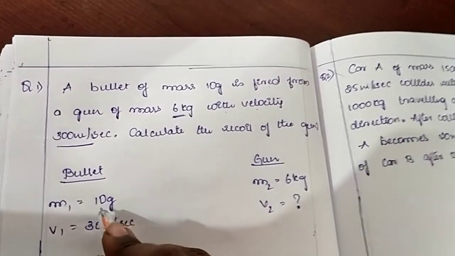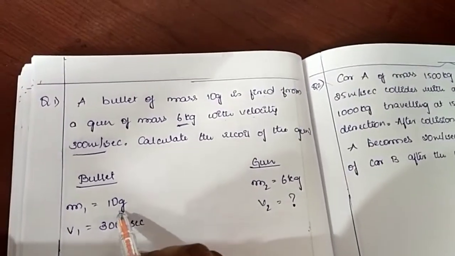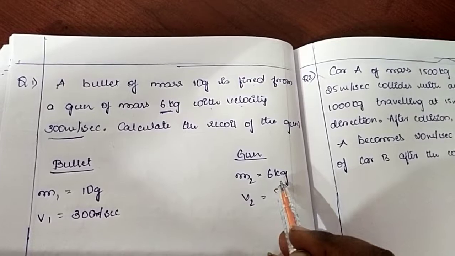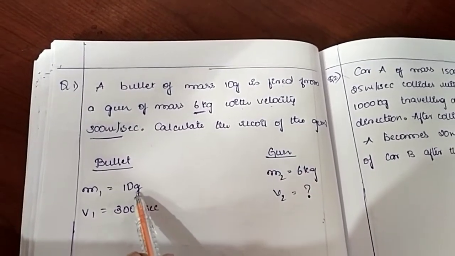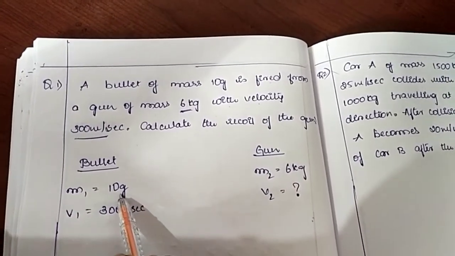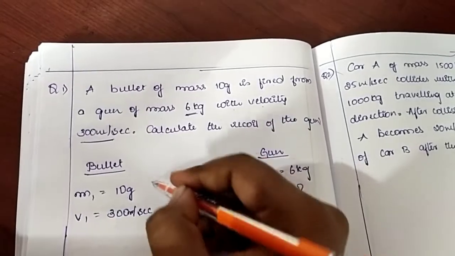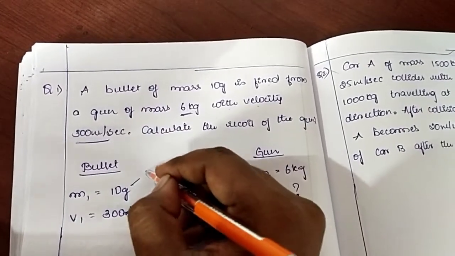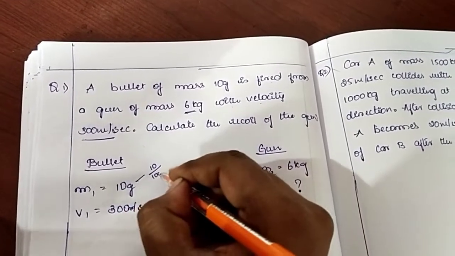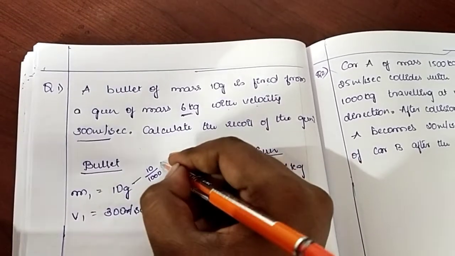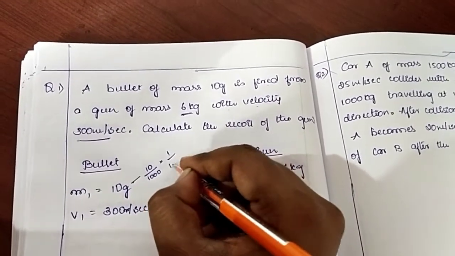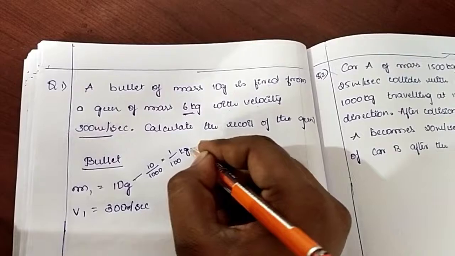Here the mass is in grams where the other is in kgs. To convert this to kgs, we have to divide it by 1000. So let us convert: 10 divided by 1000 will become 1 by 100 kg.